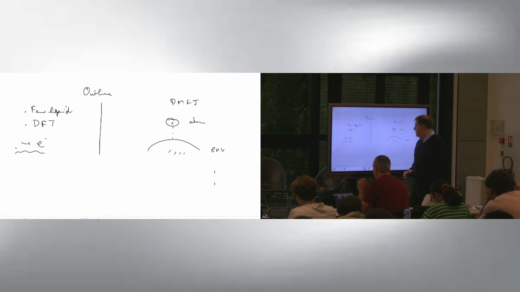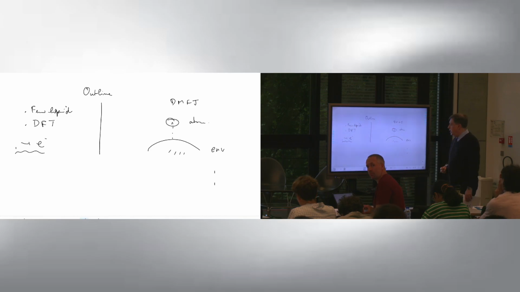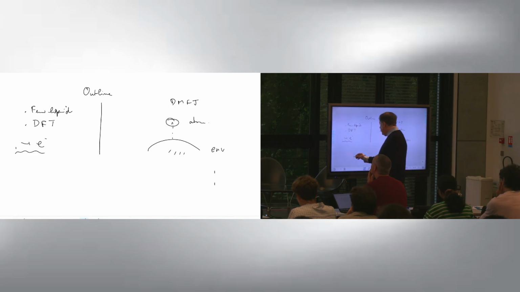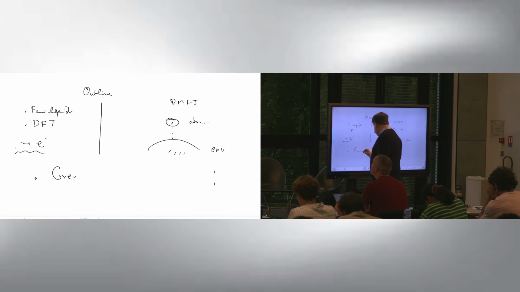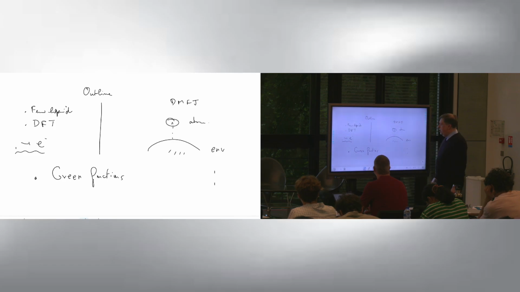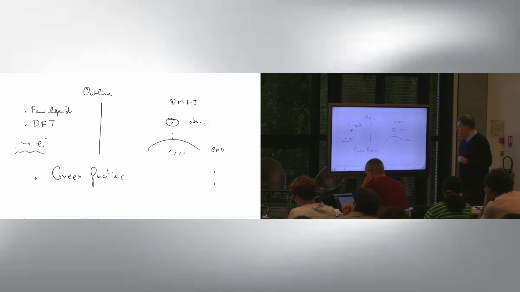And to do that, I need some components and some building blocks. So really the outline, the things that I really need, are 2 things. The first one is Green functions. So I will start with an hour about some basic facts about Green functions, retarded Green functions, self-energies, and so on.